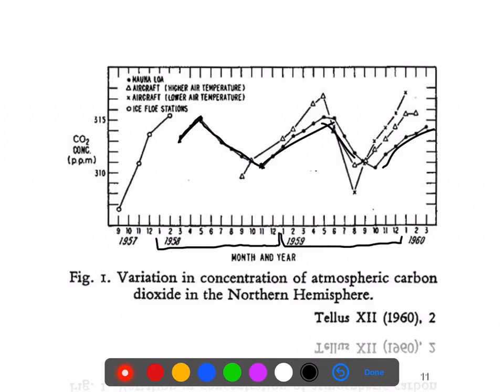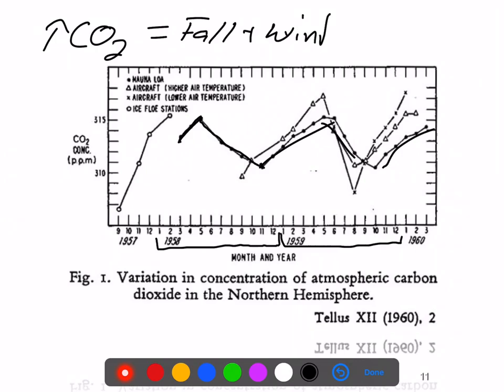So take a guess. When is it, do you think, that CO2 levels go up? And when is it that CO2 levels go down? So CO2 levels are high when? Fall and winter. Why do you think? That's because that's when plants tend to go dormant, right? Deciduous trees drop their leaves. And that's because the days get shorter.